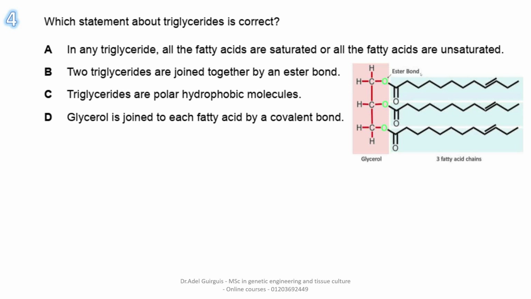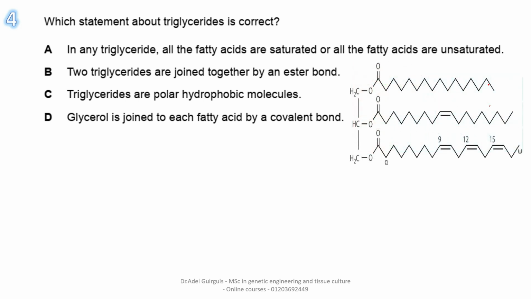Letter A: in any triglyceride, all the fatty acids are saturated, or all the fatty acids are unsaturated. Here, by chance, the 3 fatty acids are unsaturated due to the double bond here in this position. What about another image showing the first fatty acid is saturated while the other lower fatty acids are unsaturated? This one is monounsaturated, here polyunsaturated fatty acids at carbon number 9 and 12 and 15.